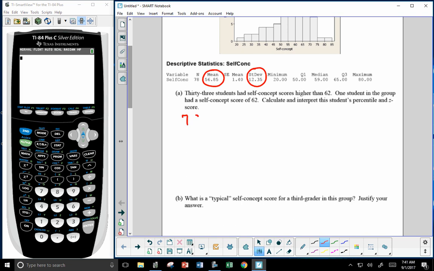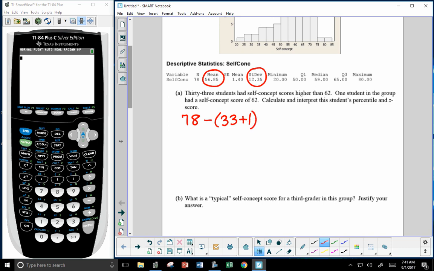And we're trying to subtract everything that's higher than 62 from 78 because that's going to tell us what's left over that's below 62. So I'm going to subtract the 33 students that are above a score of 62, but I also need to subtract the student that is exactly at 62.